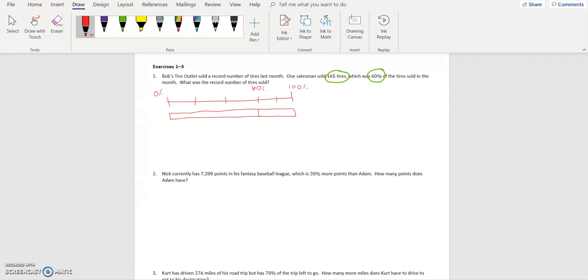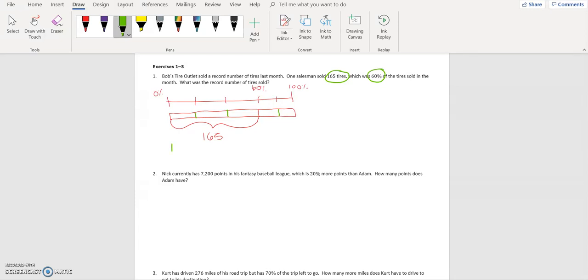So we know that this amount is 165. 165 tires, and I'm breaking it up into parts. So this is 20. Just trying to see what am I breaking this up into. And so there's 5, because we said there's 5 multiples of 20.